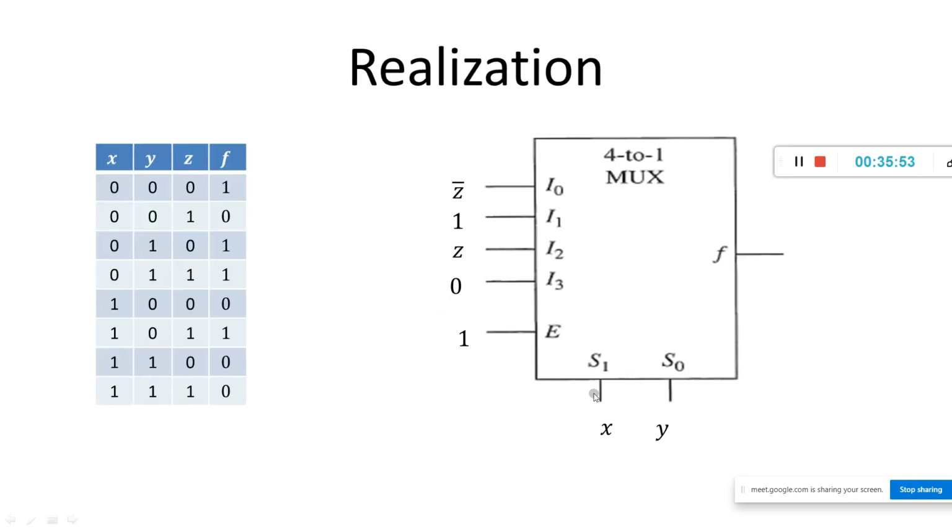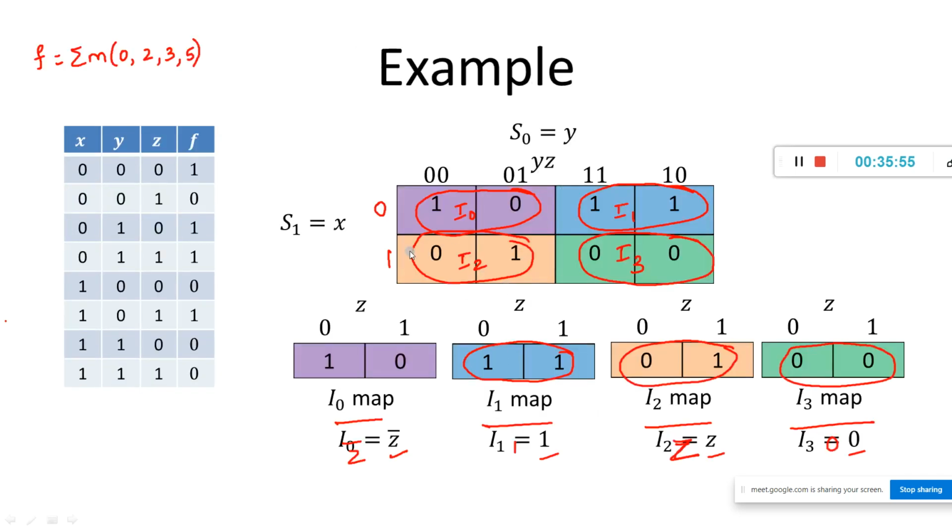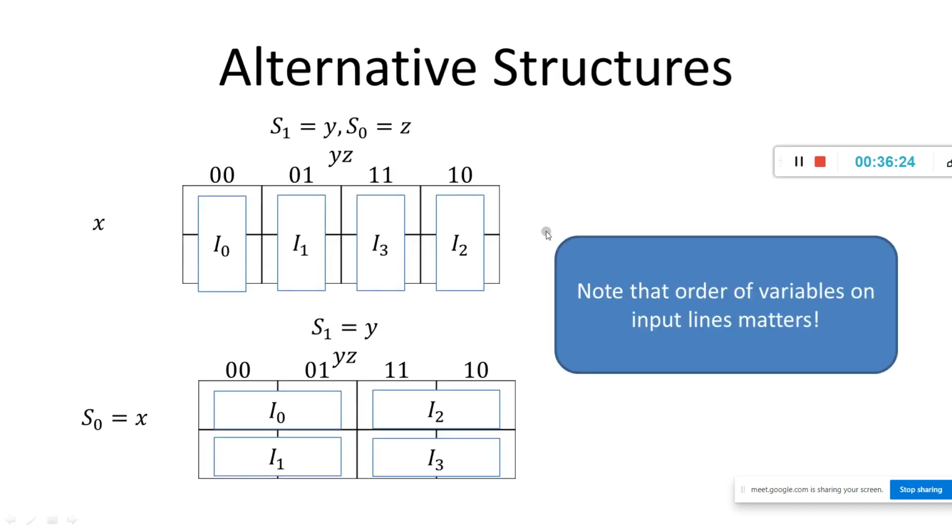Usually we do it like this: x is selected as the S1 select line, y is taken as S0, and z is taken as the K-map input data variable. There are various alternatives. X can also be taken as S0, y can be taken as S1. Otherwise y can be taken as S1, z can be taken as S0, and x can be taken as the K-map variable. There are various alternative structures.